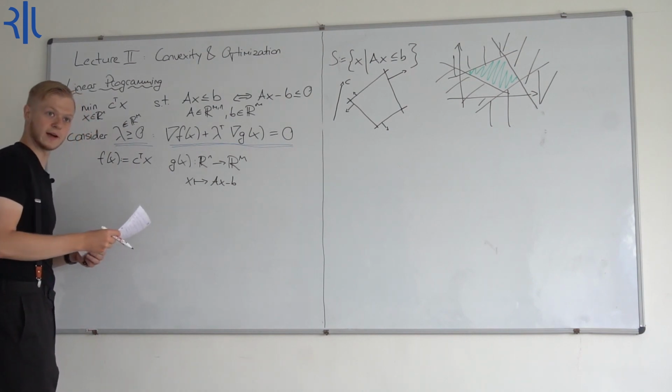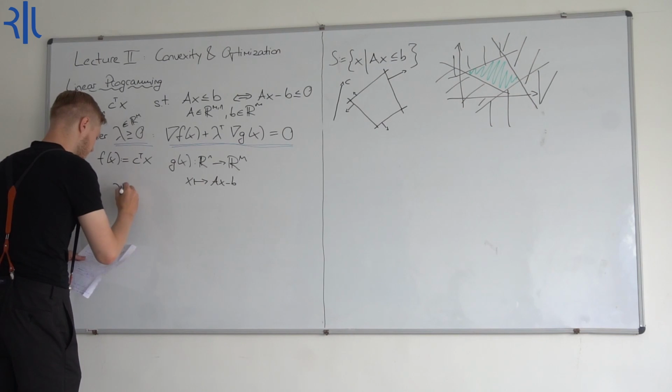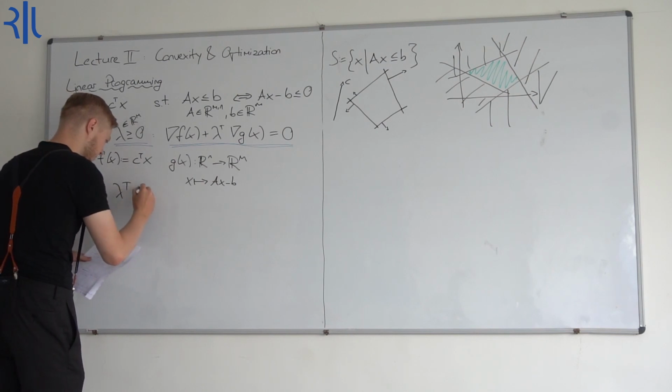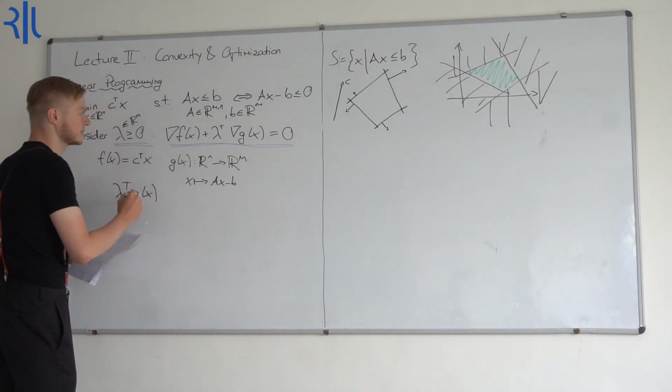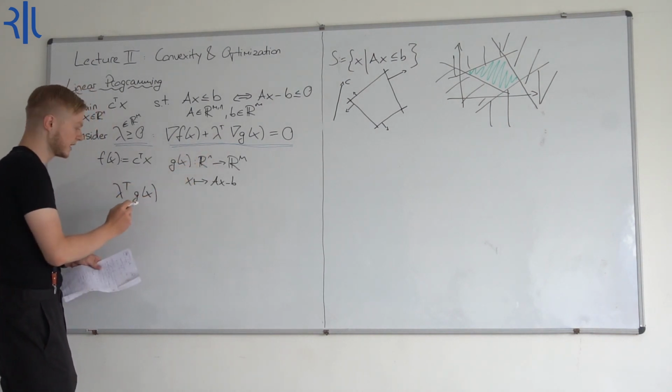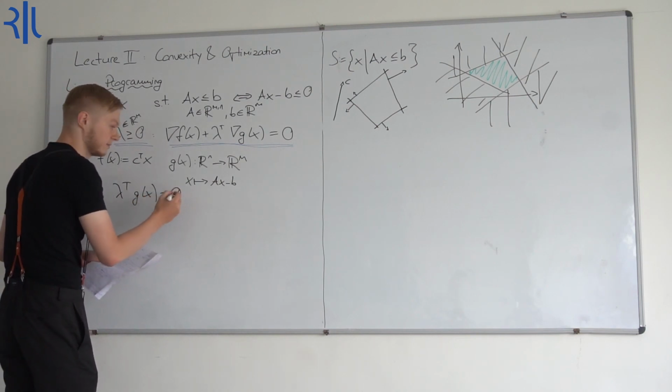That we need to find the optimum, and that is that lambda transpose g of x, so here we have the gradient, here we have the function, is equal to 0.